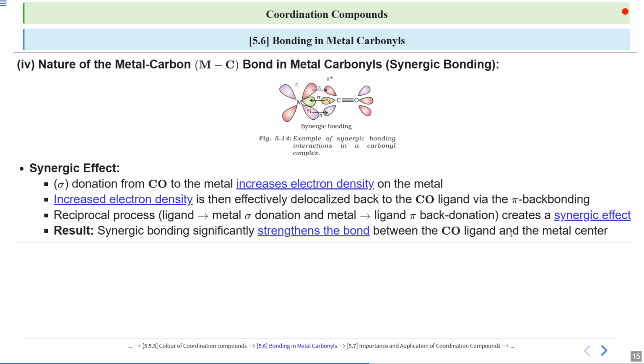The synergic effect happening between the carbonyl ligand and the metal strengthens the bond, so the complex is going to be stronger and more stable. The synergic effect strengthens the bond because both characters are present: pi character is coming and sigma character is also coming. That's why the bond becomes strong.